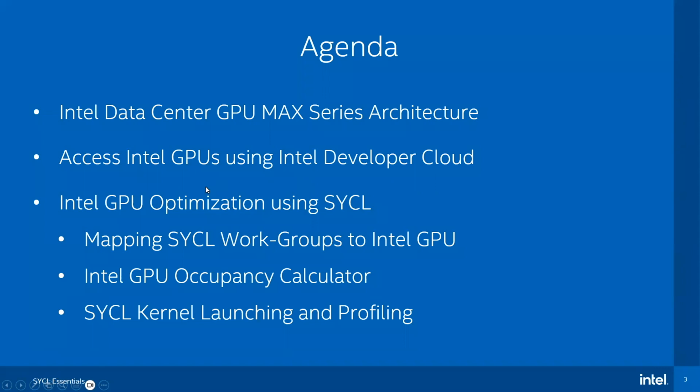And once we get on the Developer Cloud, we will look at our topic for today, which is how we map SYCL workgroups to Intel GPU, and we will learn how to use the Intel GPU Occupancy Calculator and how to calculate the utilization of all the resources on the GPU so that you get the best performance.